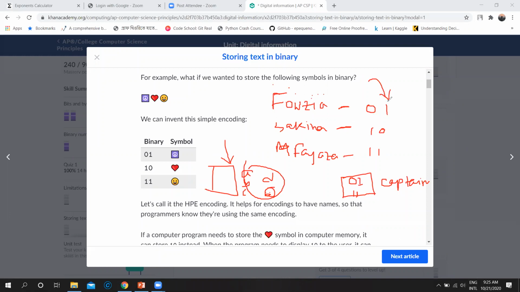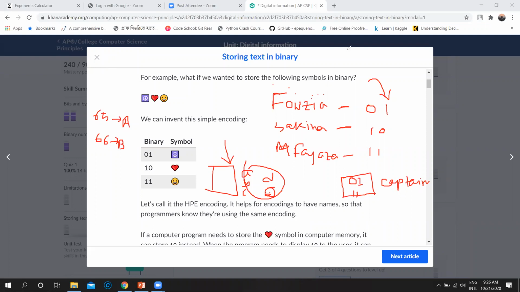Then the computer can easily understand what the number is, and if it gets, for example, 65, it will understand that this is capital A. If it gets 66, it will understand that this is capital B. That's how the computer can convert all of these things.